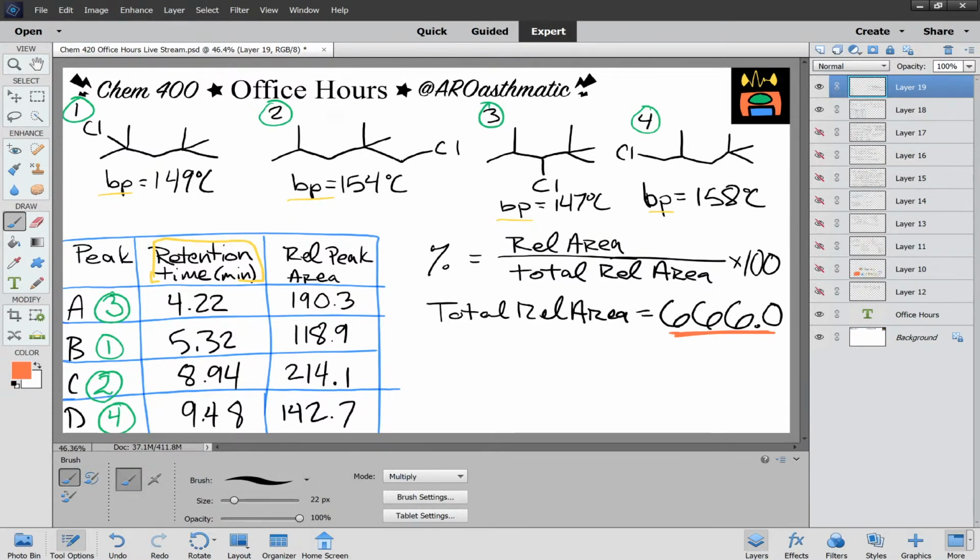To calculate the percentage for each compound, we take the relative peak area. For compound number 1, for example, the relative peak area is 118.9 divided by 666 times 100.